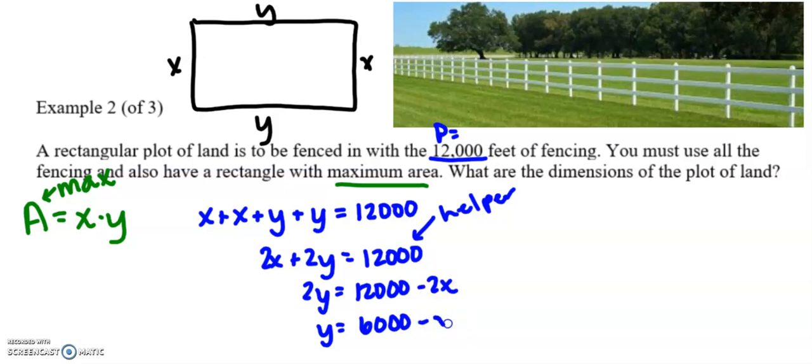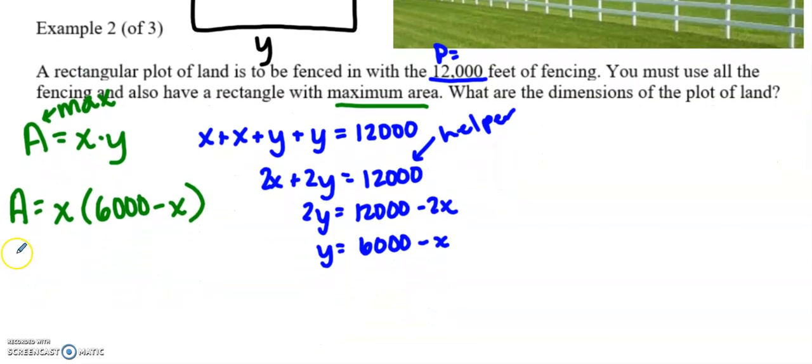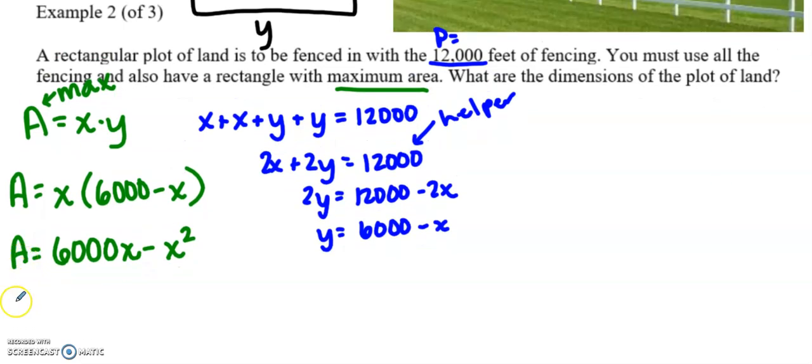That 2 would go away. So my area that I'm trying to maximize is the same thing as x times (6,000 minus x). I now have my primary equation in one independent variable, so I can use calculus techniques.